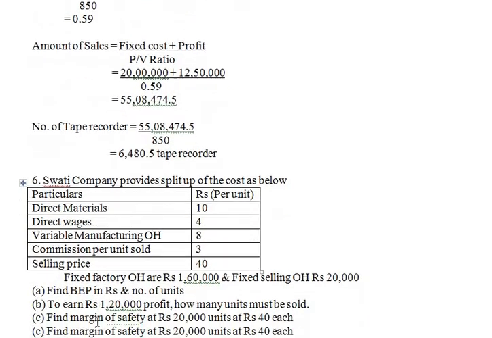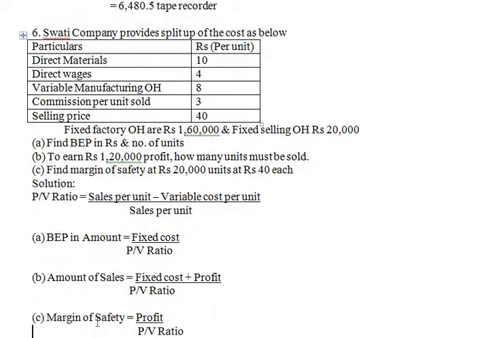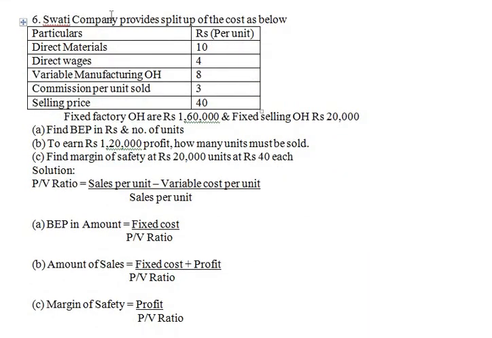Now another problem we are going to solve. So I'll read out the problem. Swati company provides split up of the cost as below. Particulars and rupees, and this rupees is per unit. Direct material, direct wages, variable manufacturing overheads, commission per unit sold, selling price.